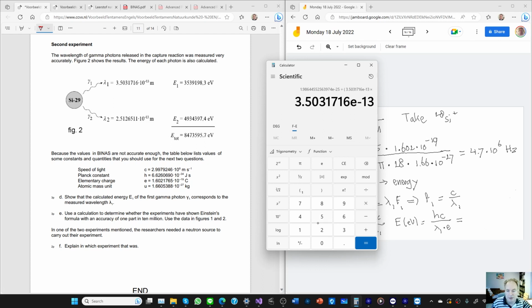Then finally divide by the elementary charge, 1.6021765, to convert from joule to eV.